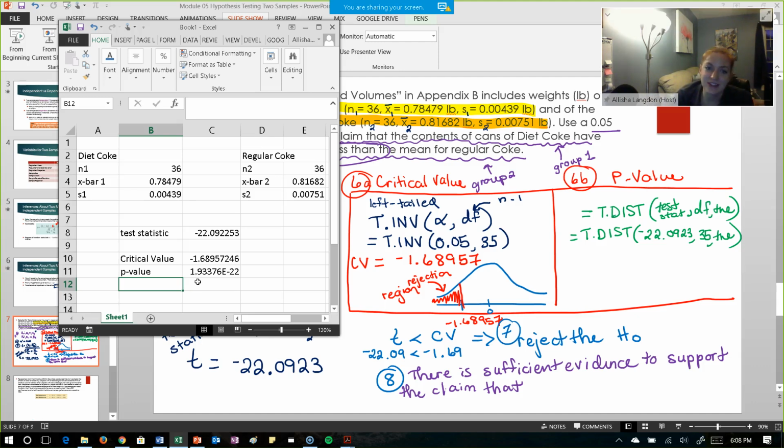I mean, you're not going to write this all out, right? We could write it out if we want to. 22 zeros. 1.933 times 10 to the negative 22nd. Okay. So whenever you have an e in there, that just means it's scientific notation. If there's a negative number after it, that's how many zeros go in front.